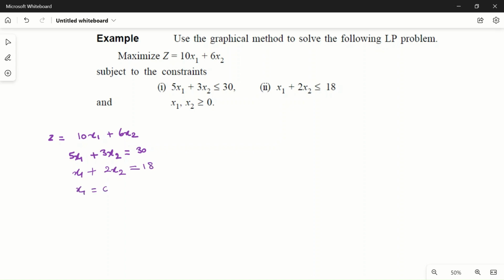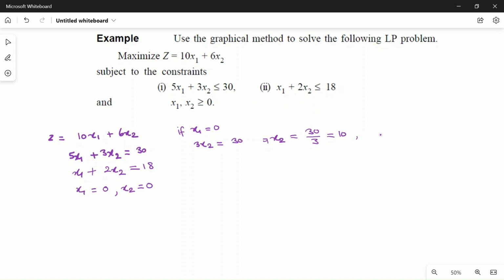So 5x1 plus 3x2 is equal to 30. If we put x1 equal to 0, then 3x2 will be equal to 30, so x2 will be 30 by 3, which is 10.